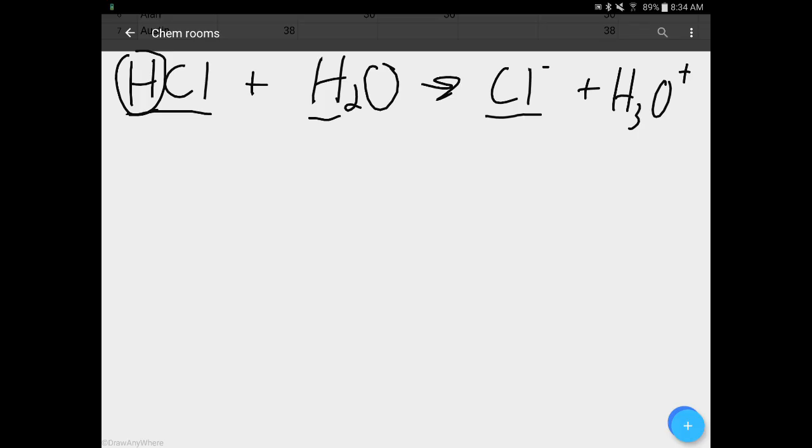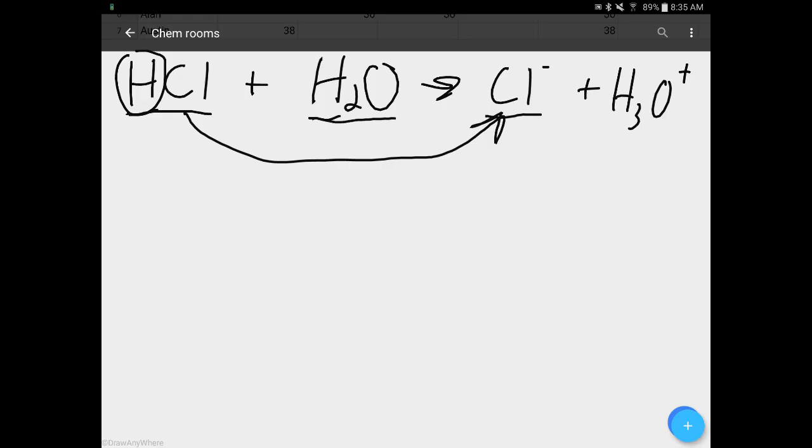So when it turns into Cl, it loses that positive charge, so it turns into Cl-. So anything that loses an H+ is an acid. And since HCl turns into Cl-, that means the Cl- is the conjugate base. Okay, so whatever the acid turns into is the conjugate base.